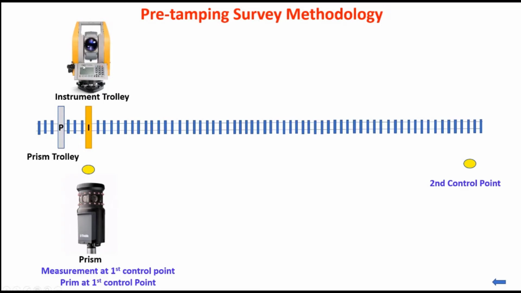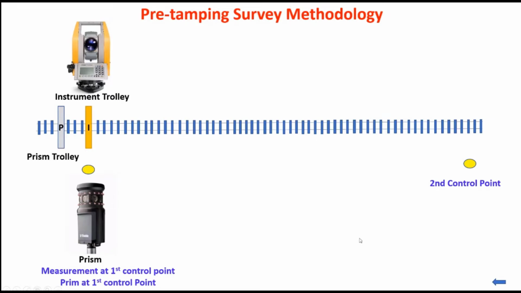The instrument robotic total station sights the prism at the reference point or the control point, and based on the value of coordinates of the first control point, the value of coordinates of the position of the instrument or the total station is captured.